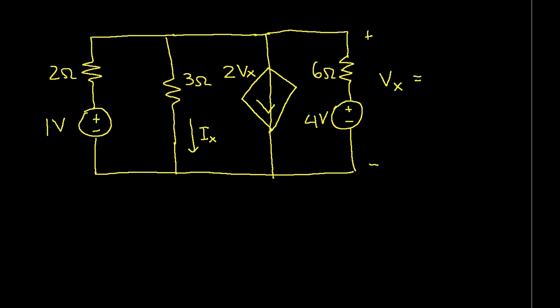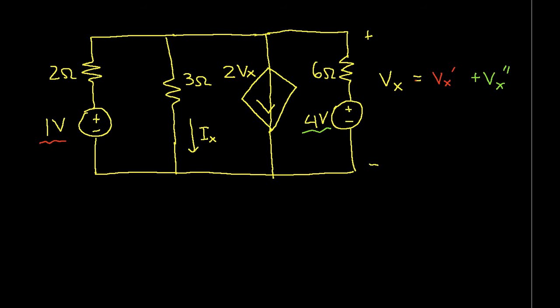Now when we do this, we don't set the current sources to 0. So we would find Vx is equal to Vx prime, which we might think of as the response due to the 1 volt source with the 4 volt source set to 0, plus Vx double prime, which is the response due to the 4 volt source with the 1 volt source set to 0.